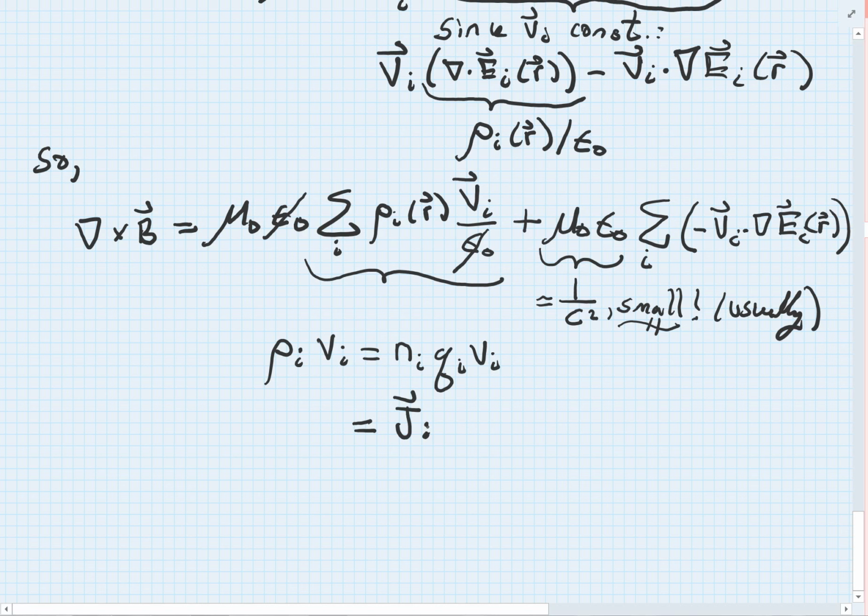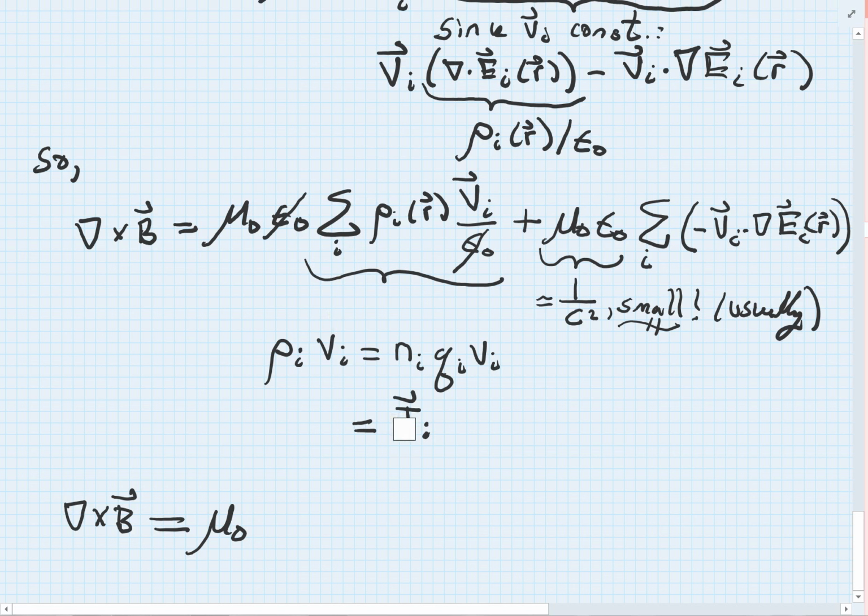So this sum then, what we are learning here is that the curl of the magnetic field equals this one constant mu naught times the sum over all the particles that might be moving through a given region of their corresponding current densities.